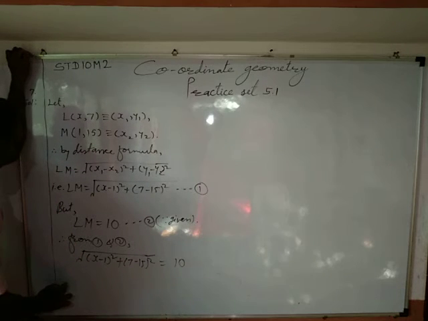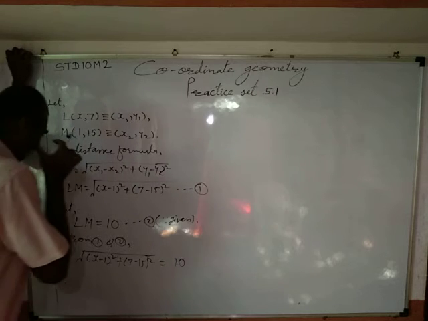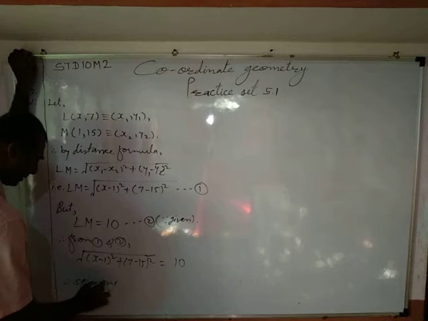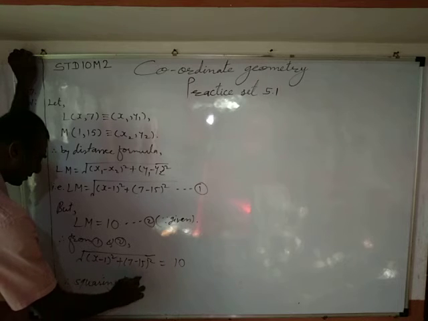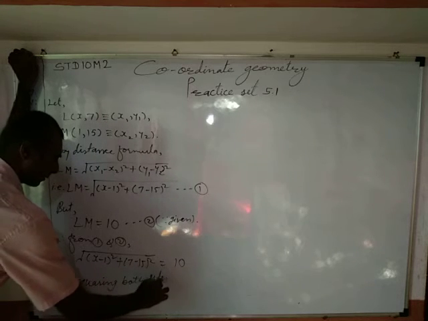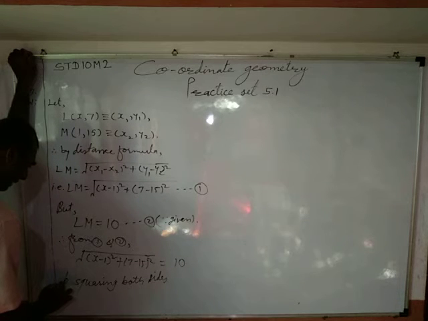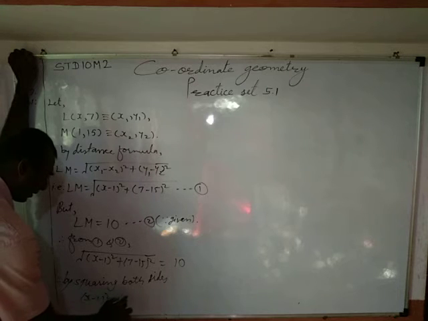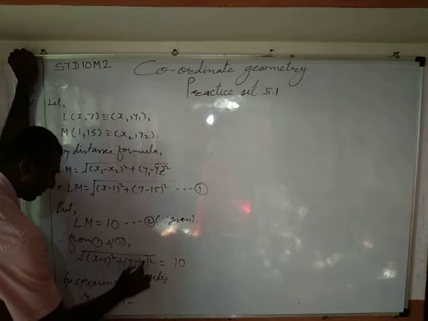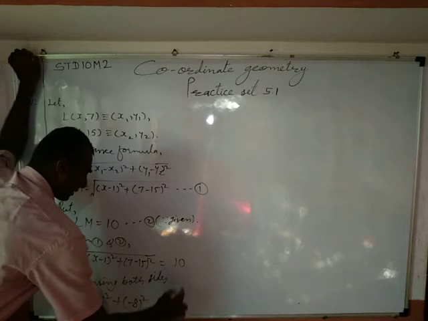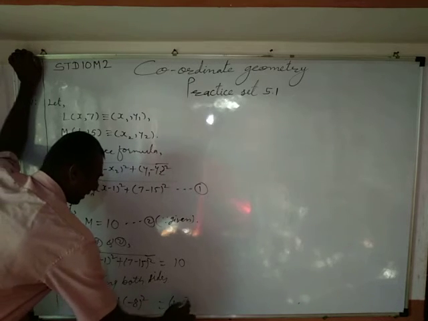Therefore, squaring both sides, we get (x minus 1) its square plus (7 minus 15, which is minus 8) its square equals 10 its square.